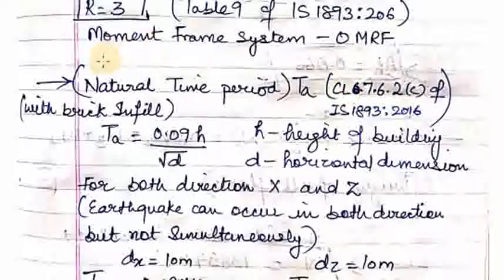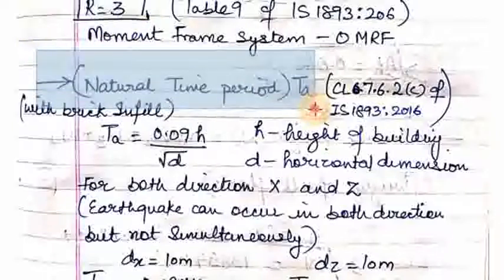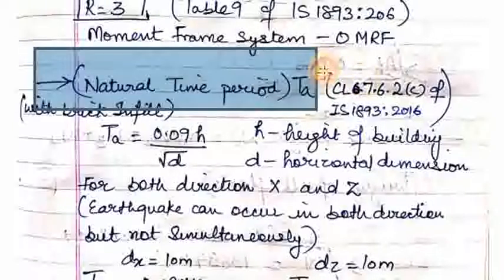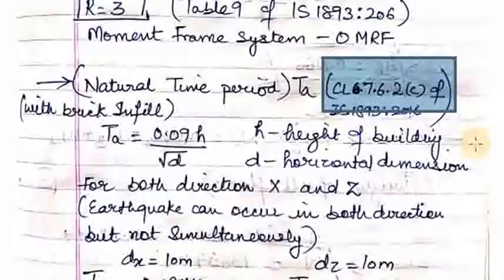Now we need to calculate the natural time period or Ta. This we will calculate according to clause 7.6.2 of the code.